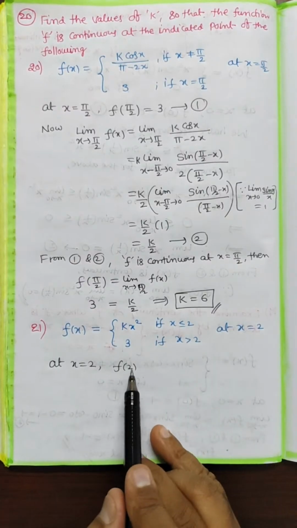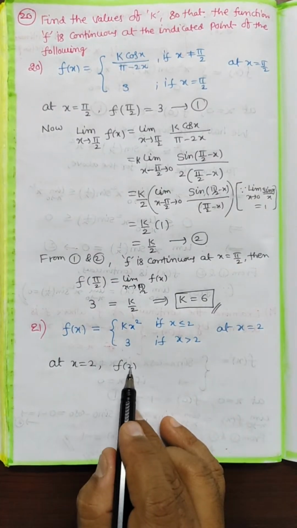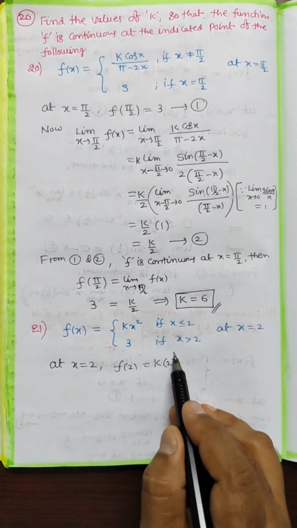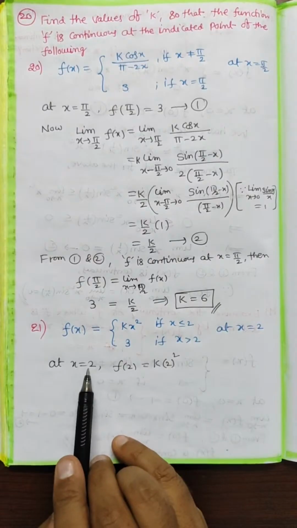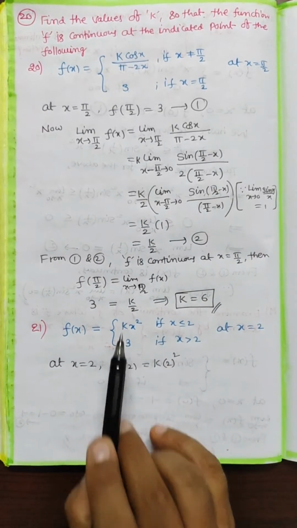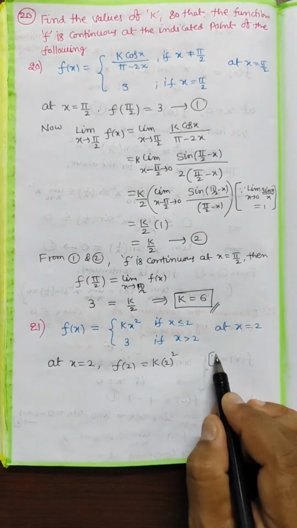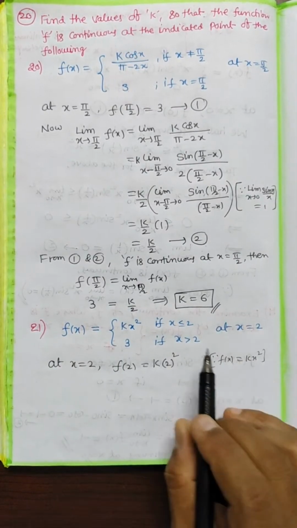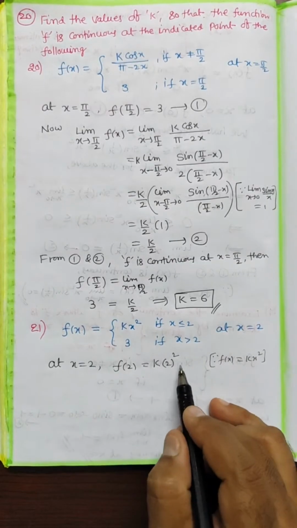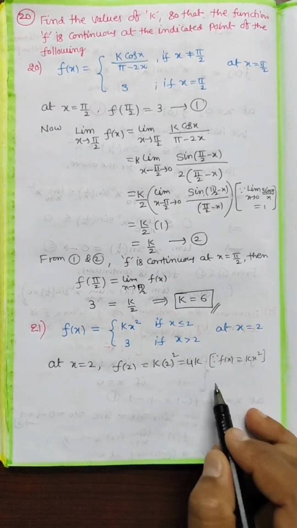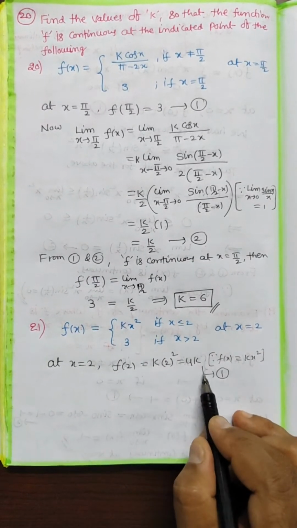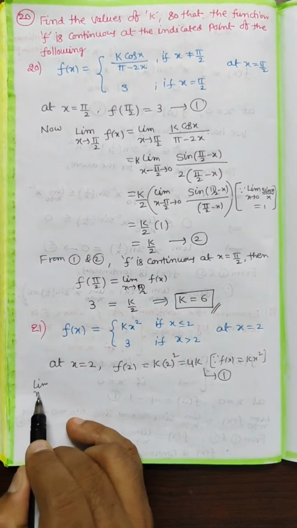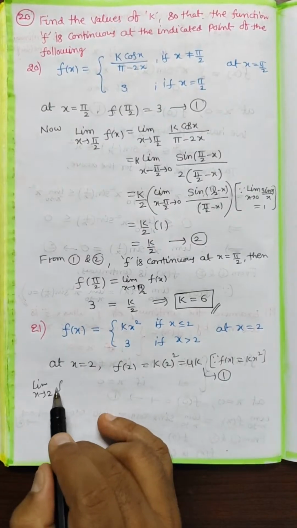So at x is equal to 2, f of x is equal to kx square, so k into 2 square, which will be 4k. Keep that as equation number 1. Next, limit x tends to 2, f of x.